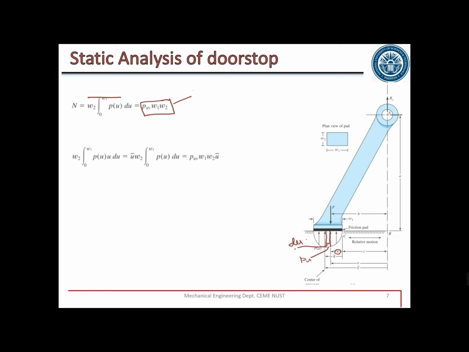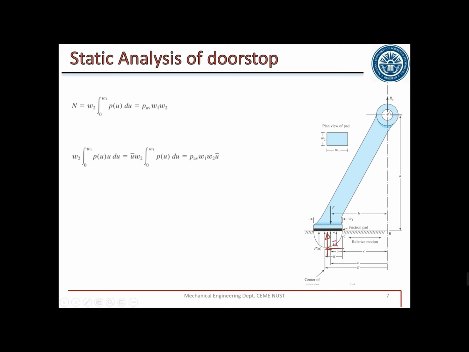So the moment of this force will be equal to P(u) du multiplied by this moment arm, which is u. So P(u) u du is the moment of this force, or moment of this N about this point. And again, if by any means you can calculate N, the distance of this N from this point will be U bar.